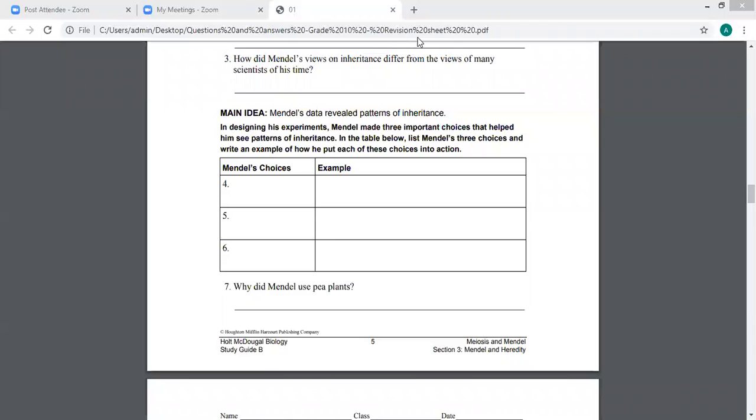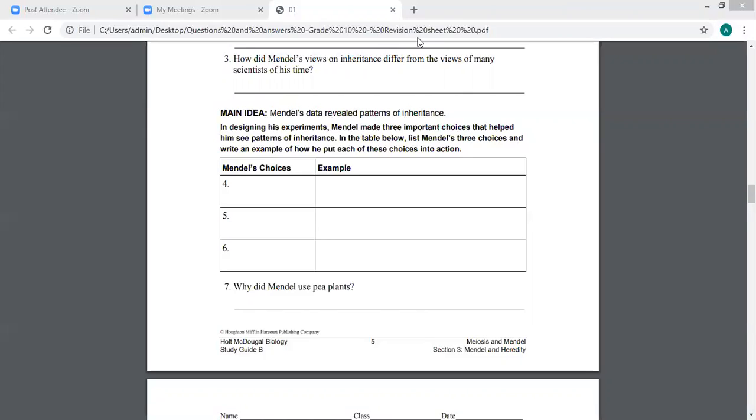Then he chose the pea plant, as Fatima said, and chose 7 pairs of contrasting traits, like pea shape, pea color, flower color, pod shape, pod color, flower position, the plant height, and so on. And he allowed self-pollination of the plant.